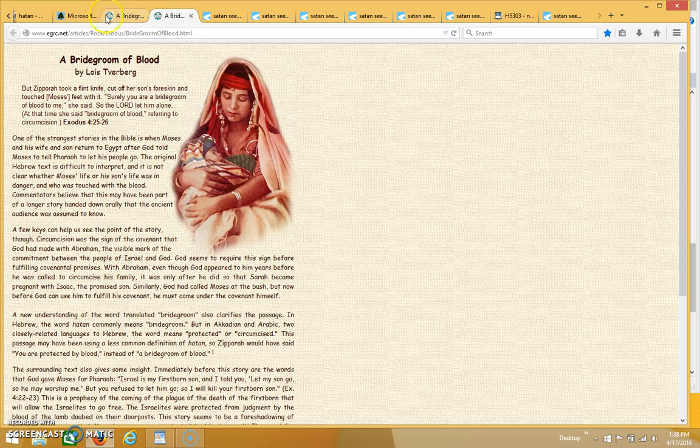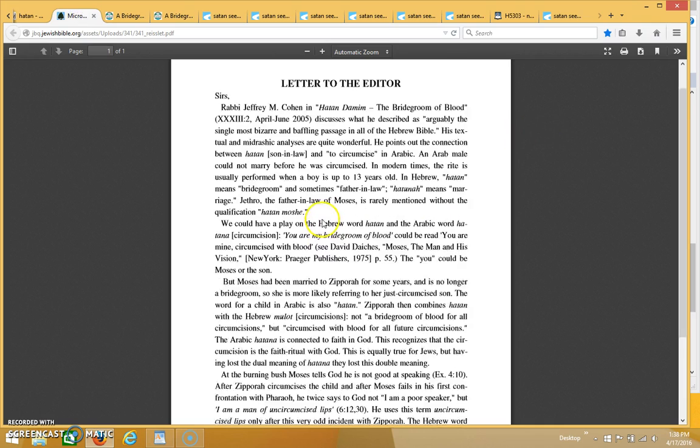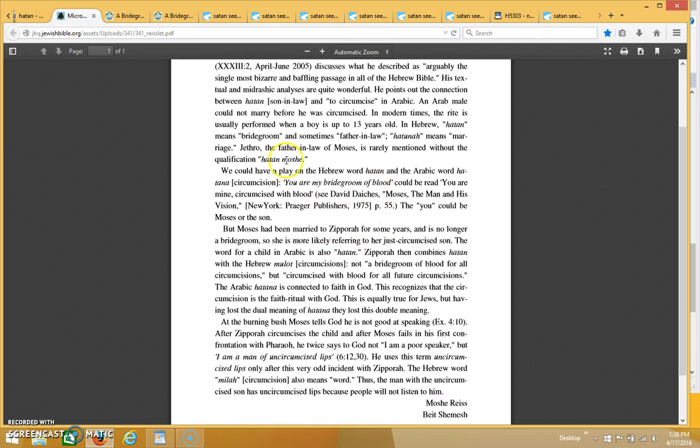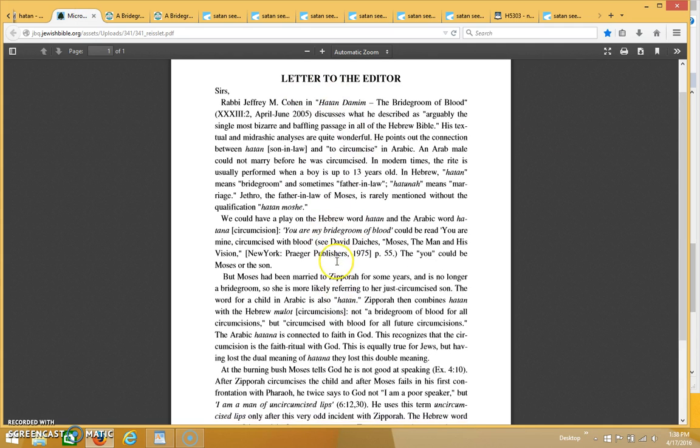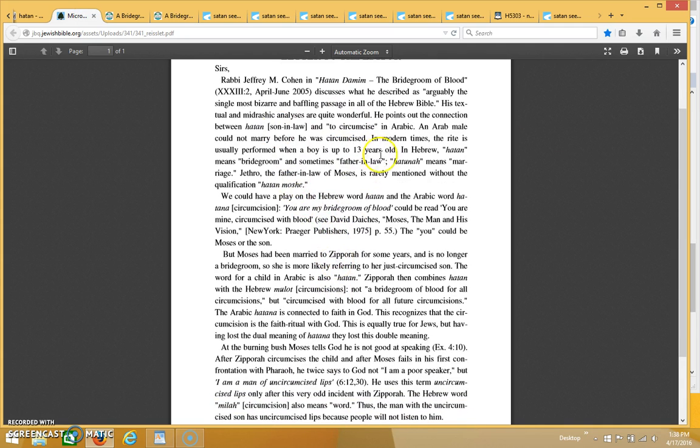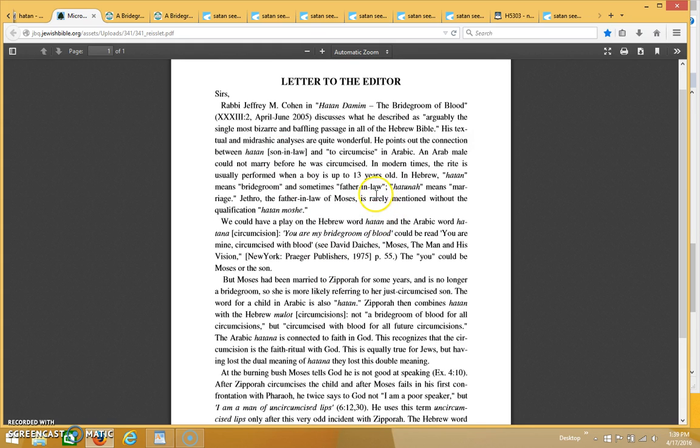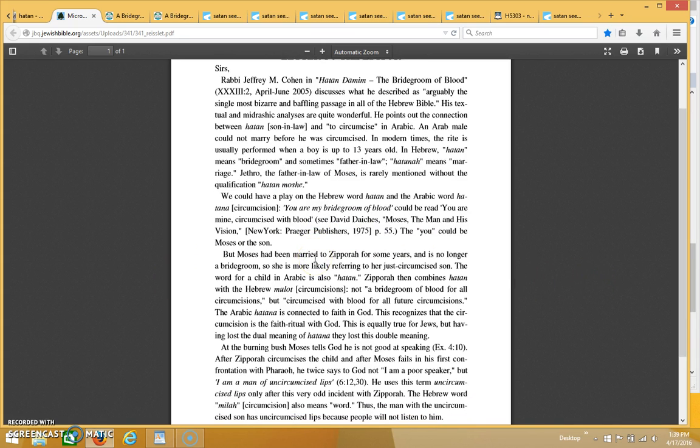And, oh, okay, over here it shows someone did a study on it, and it talks about all the different meanings for the word Hatan. In the Hebrew it means bridegroom, but it can also mean father-in-law. And it's also a word that's used in the Arabic, and in the Arabic it means circumcision, I believe, and it also means a child.